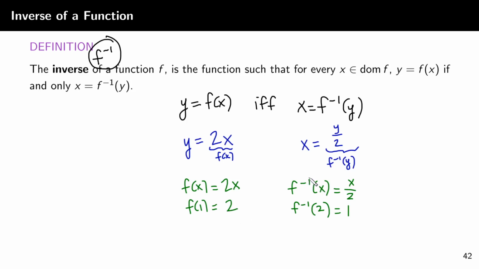Kasi yun yung trabaho ng f inverse. I-reverse niya yung ginawa ni f. So f of 1 equals 2, f inverse of 2 is equal to 1, f of 5 is equal to 10, and f inverse of 10 is equal to 10 over 2, which is equal to 5.